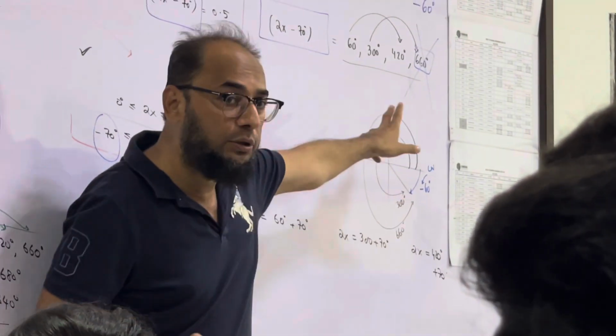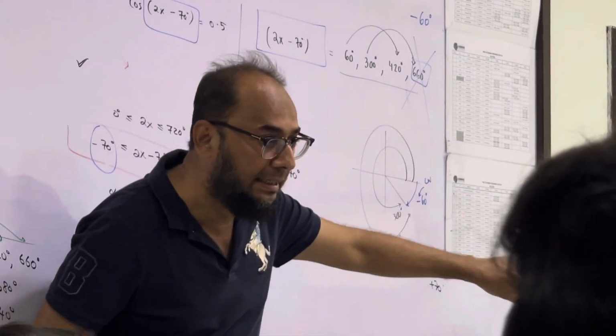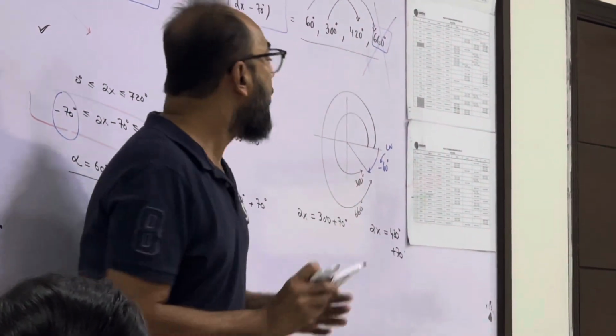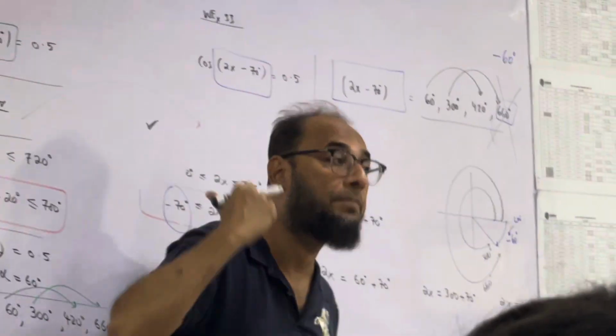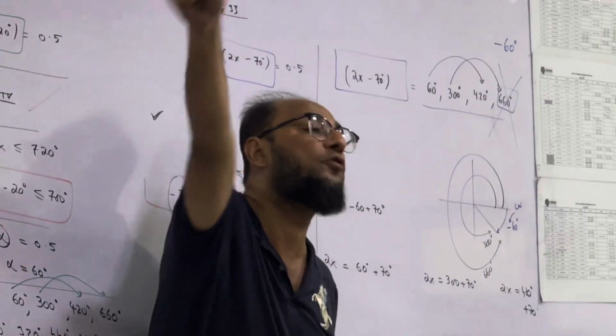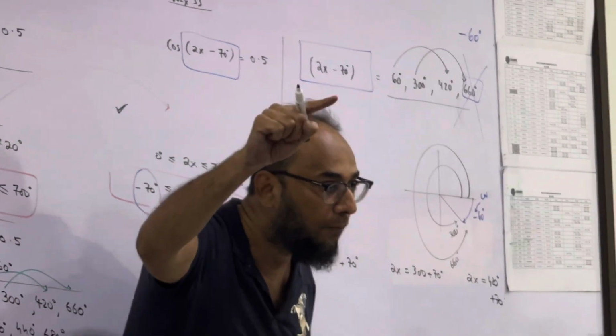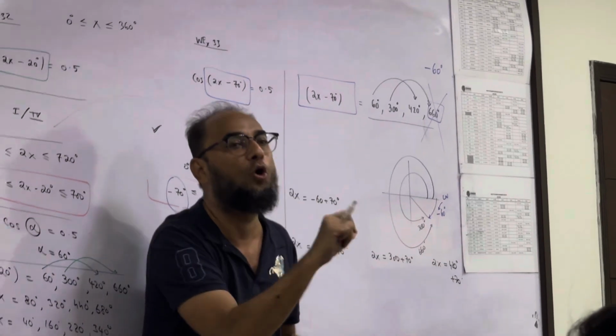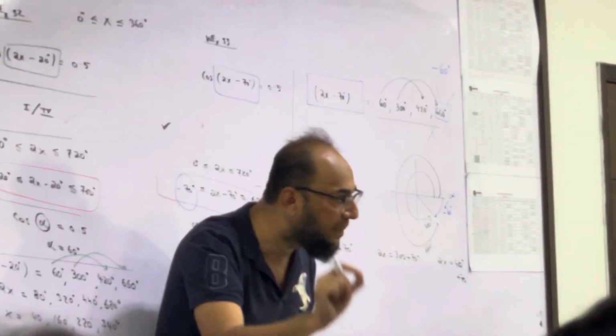These were the four values. 660 is being cancelled. What is the alternative of 660? Negative 60. So now the rule is, when the first answer is cancelled, as in worked example 31, you have the liberty of going ahead. You add 360 more. When the last answer is being cancelled, what do you do? You go clockwise based upon your basic angle.